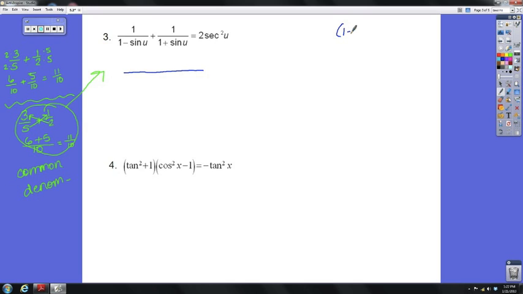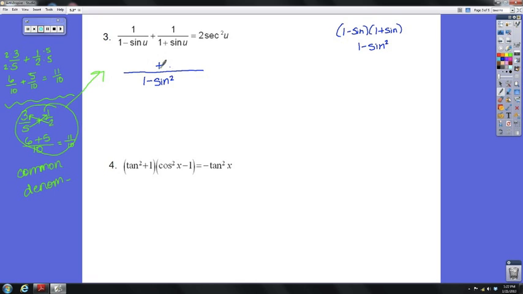Now, if I take 1 minus sine and 1 plus sine and I multiply them together, I'm going to get 1 minus sine squared. So that's what my denominator is going to be, 1 minus sine squared when I get a common denominator. Okay, it's like taking your 5 times your 2 and getting your 10. So that's your common denominator.